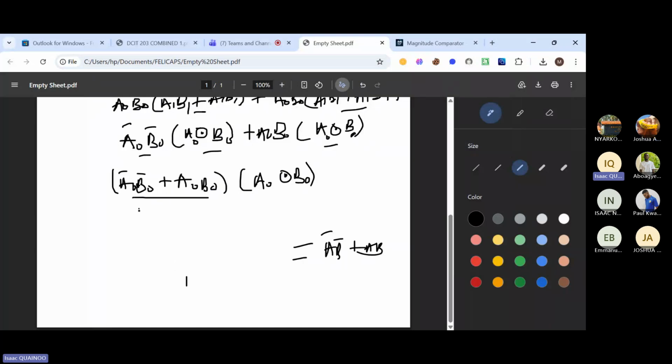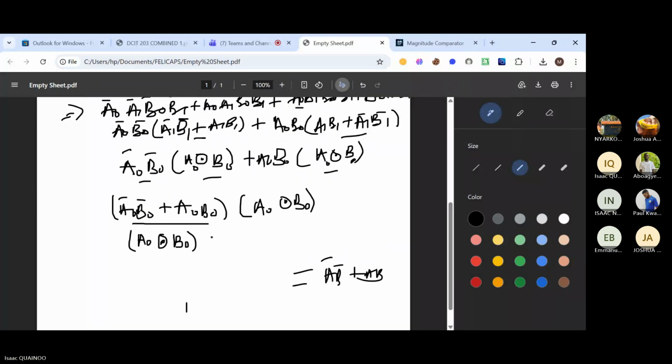So we just take our A0, then our XNOR, and then our B0.